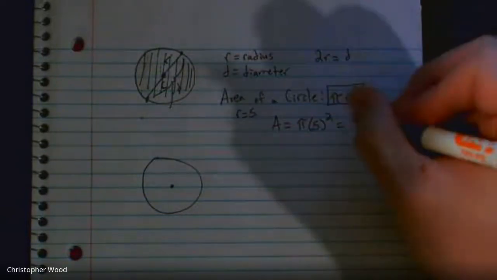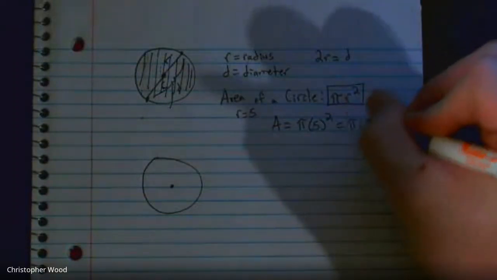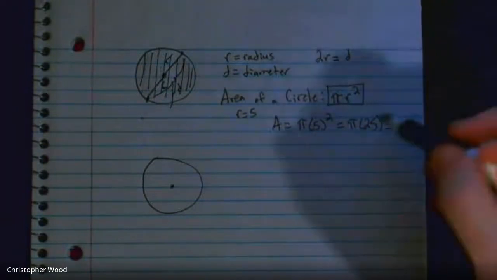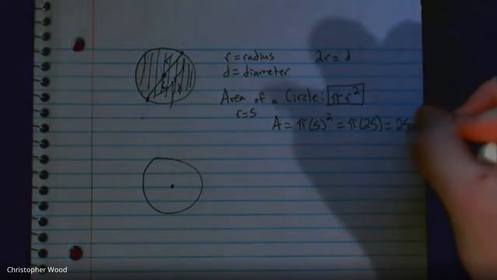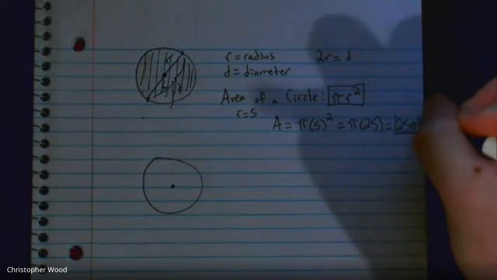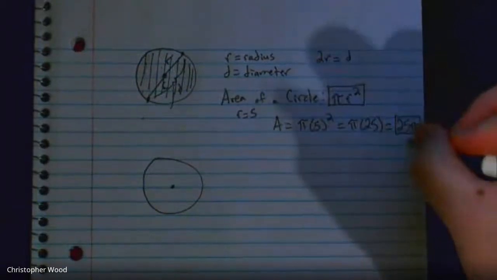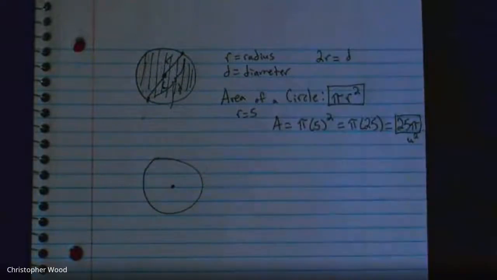So the area would equal pi times 5 squared, which would just be pi times 25. Or we usually rewrite that with the numerical value in front of pi. So 25 pi would be the area of the circle. 25 units squared, whatever the units happen to be. Remember, area is always units squared.